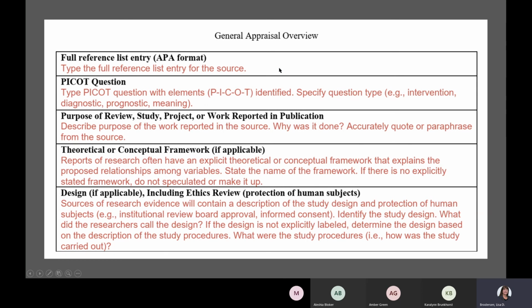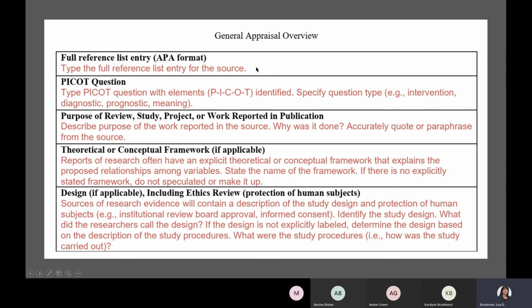Looking at the form, the full reference list entry is fairly self-explanatory. You want to type the full reference list entry for the source. I don't know if I said this, but you're going to have one general appraisal overview form for each source of evidence that answers your PICO question.